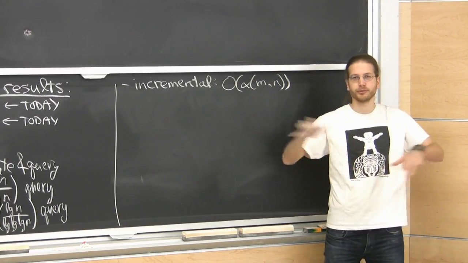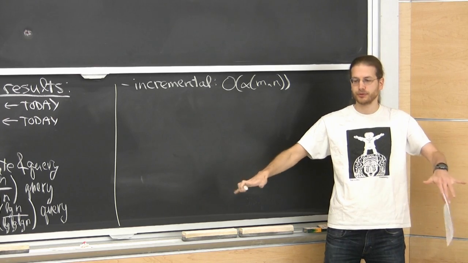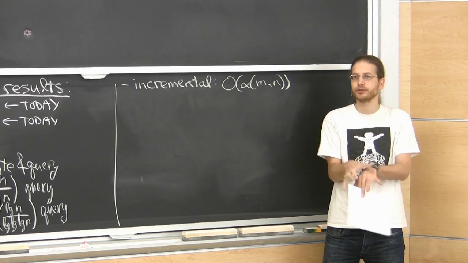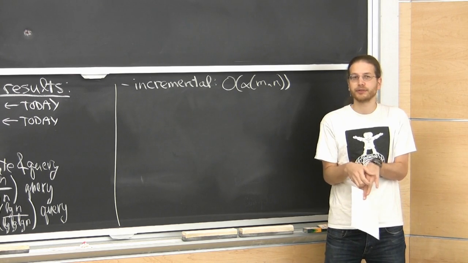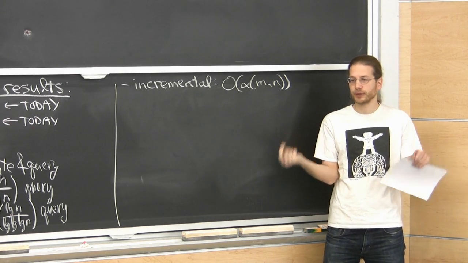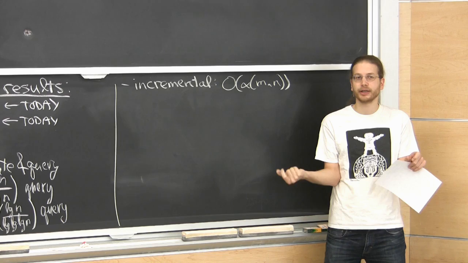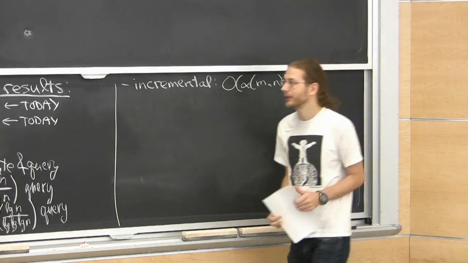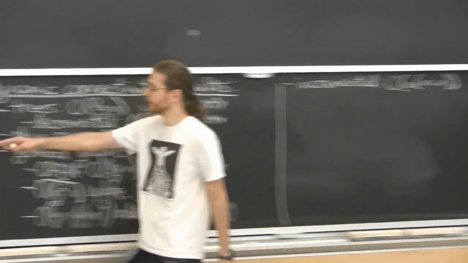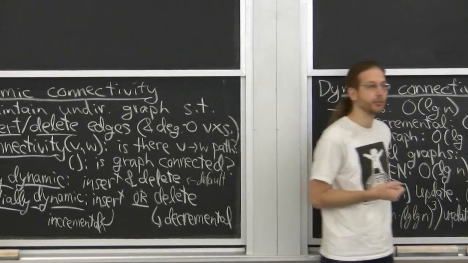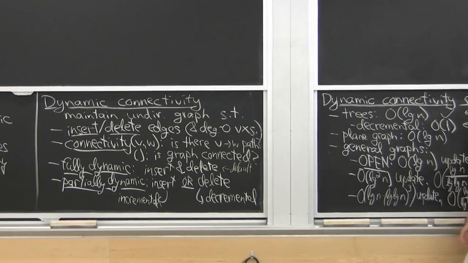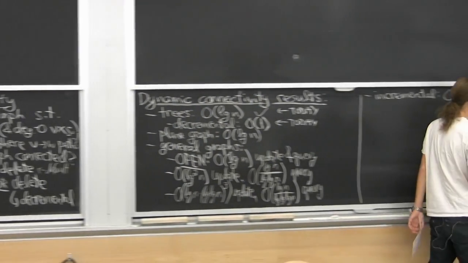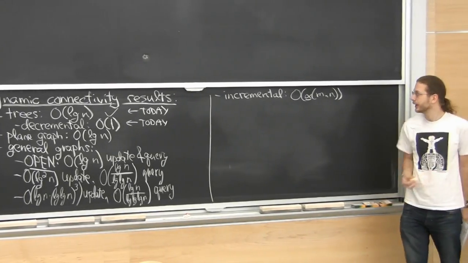Union find, you have a bunch of sets of elements. You can take two of them, union them together. Once they're unioned, they can never be split apart. And find is tell me what set I'm in. So if I do a find on two vertices, I can find which connected components they're in and check whether they're the same. That will give me connectivity query. Insertion corresponds to merging two connected components unless they were already together. And it's known you can get an alpha amortized bound, and that's optimal for that problem.